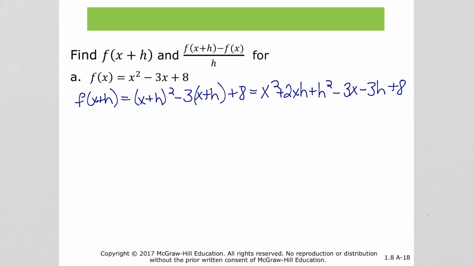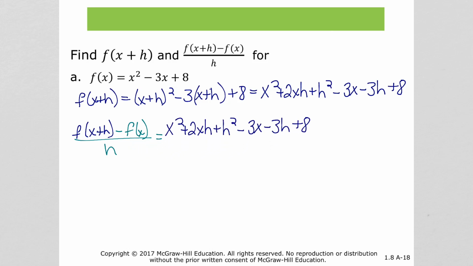So for our difference quotient, we have our f of x plus h minus f of x. Oh, I did the wrong color. Over h. Okay? So our f of x plus h was this.